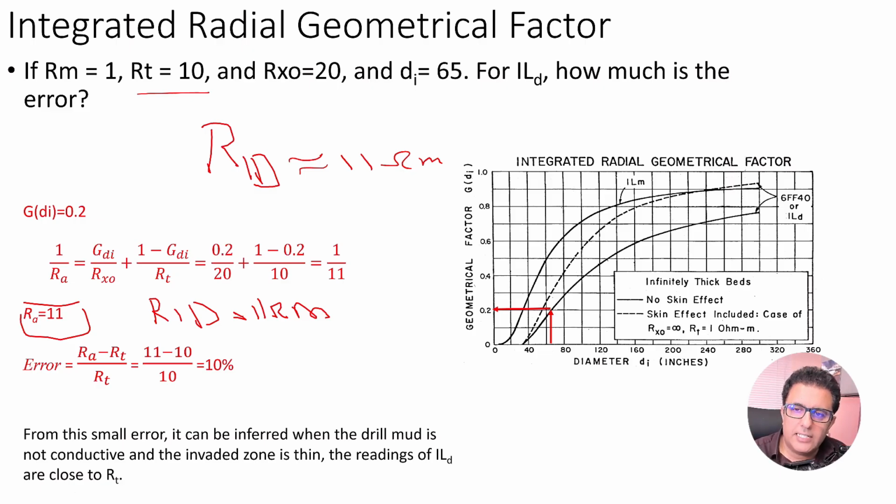It means RID just has about 10% error, which is acceptable in well logging. So even if you don't want to refer to the chart and just use the value of RID to have some estimate of RT, it is not a wrong assumption or approach.